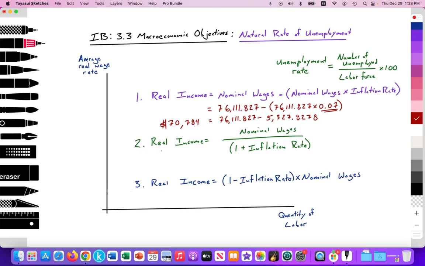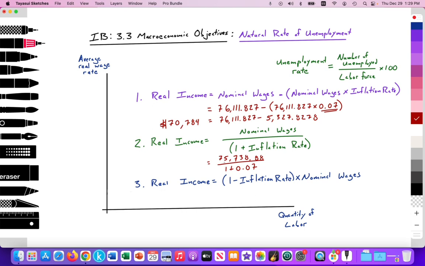Let's move on to formula number 2. Here we'll have real income being equal to, let's say the nominal value is 75,738.88, divided by 1 plus the inflation rate as a decimal value, 0.07.